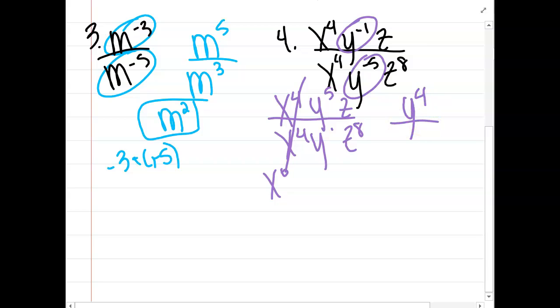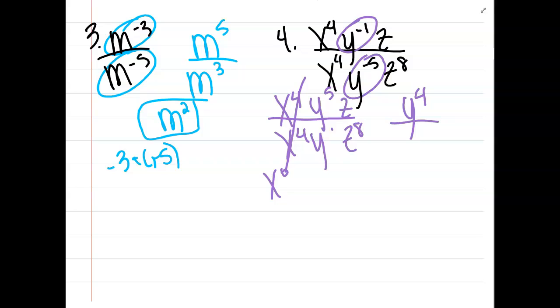Now with the z's, I have a z over a z to the 8th. How many z's are going to cancel out? How many would you be able to cross out? Just 1, right?